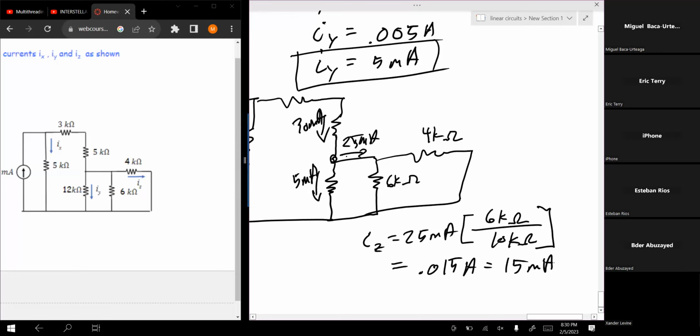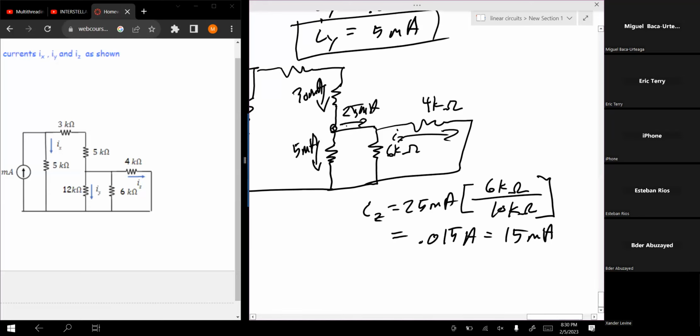This also works almost like a ratio as well. So we know that IZ, which is the current flowing through here, if you did milliamps per kilo ohm, 15 divided by 4, that's 3.75 milliamps per kilo ohm.